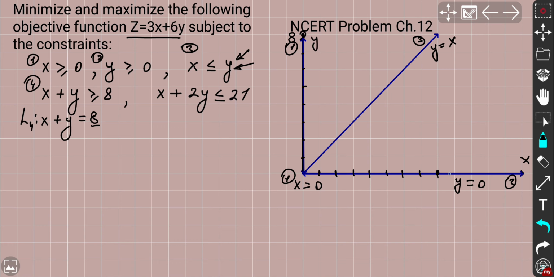That's also an identity line, but it goes with a negative gradient. So if you connect that, it should also go through the nodes of your grid lines. To be precise, it's going to be like this. So x plus y equals to 8.